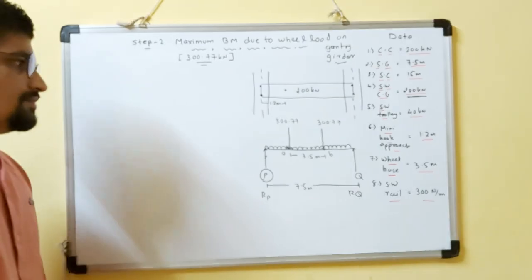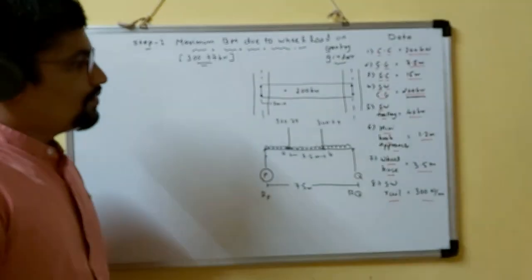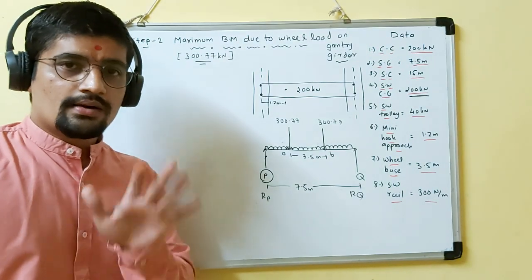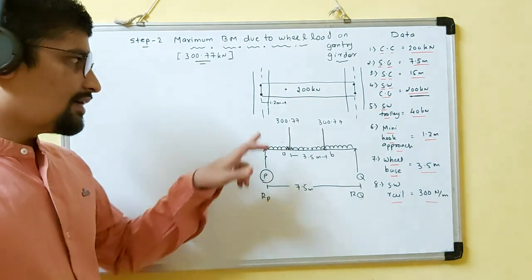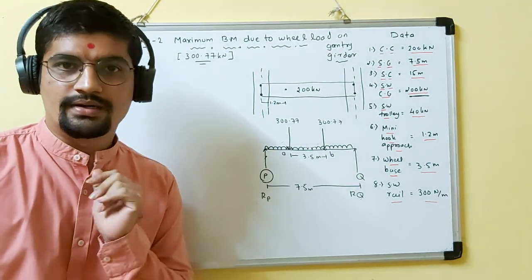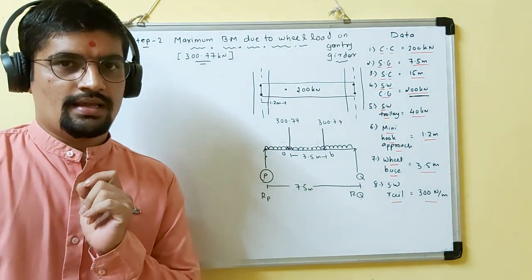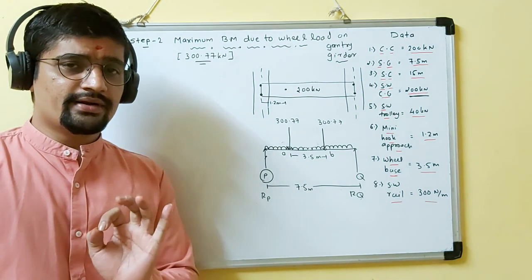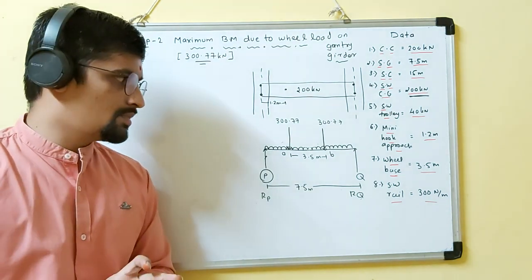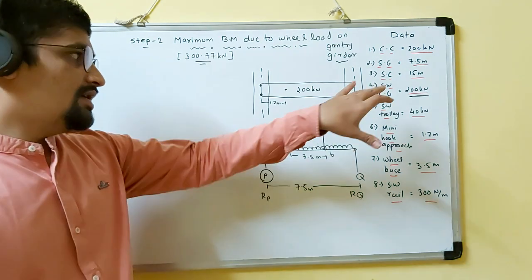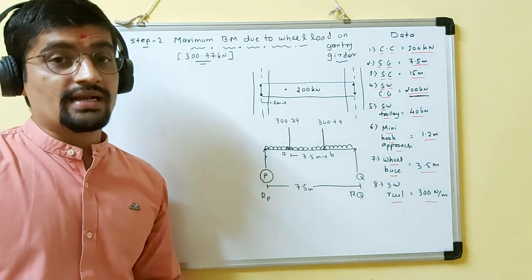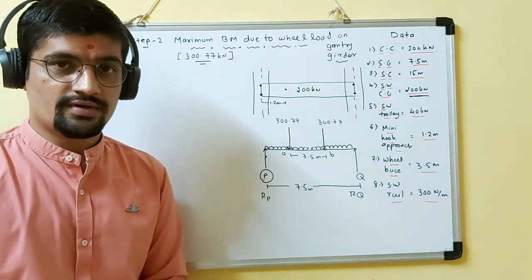Now, the loads occurring on the gantry girder are the two wheel loads of 300.77. Will any other load occur on the gantry girder or not? If the crane girder has its self weight, then the gantry girder also has its self weight.